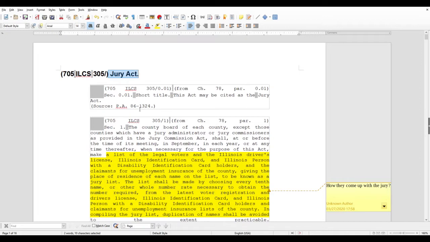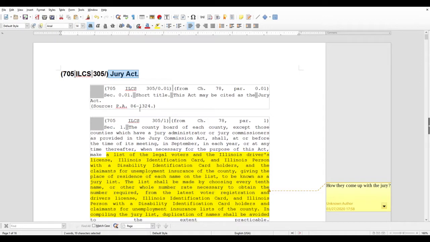So the essence of the federal statute applies to all states. I'm reading Illinois, but the things I'm reading are general, high-level stuff, so it's going to apply just about any state you go to.